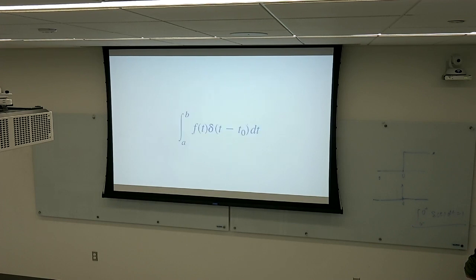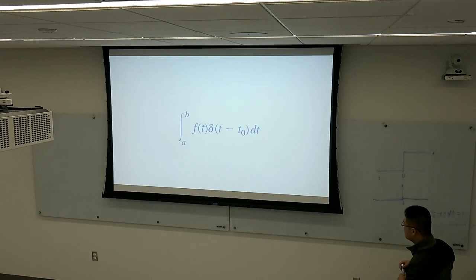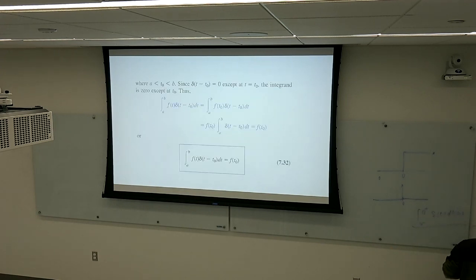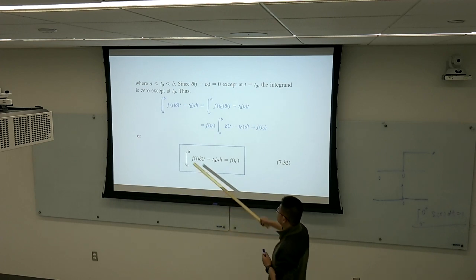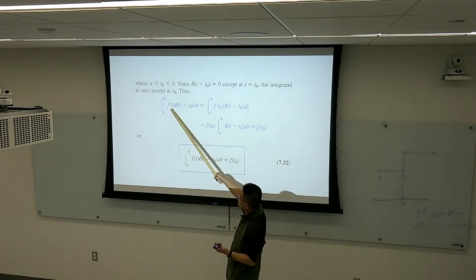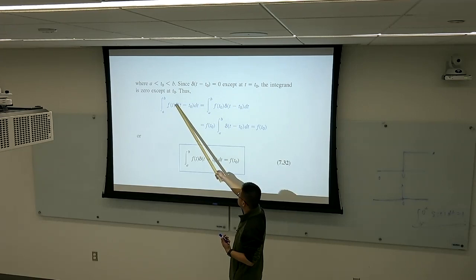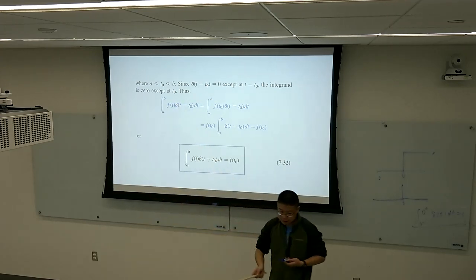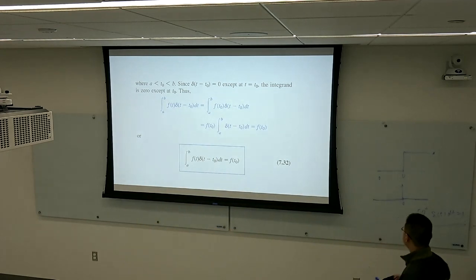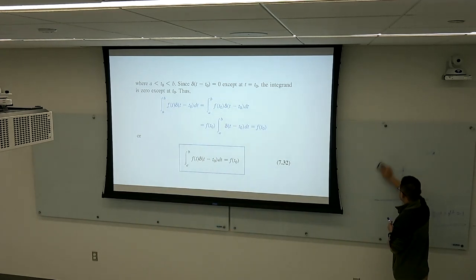Next, we will introduce the sampling of a function. Let's assume that f(t) is another function, any continuous function, and delta is the impulse function. So we have two functions multiplied together.